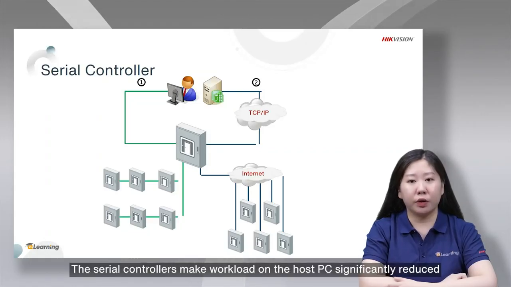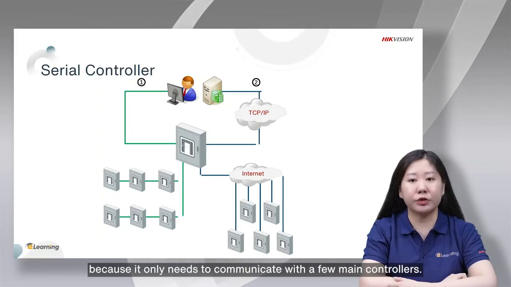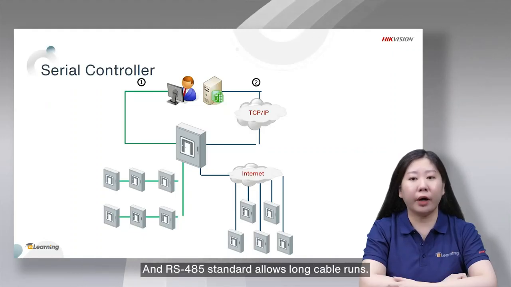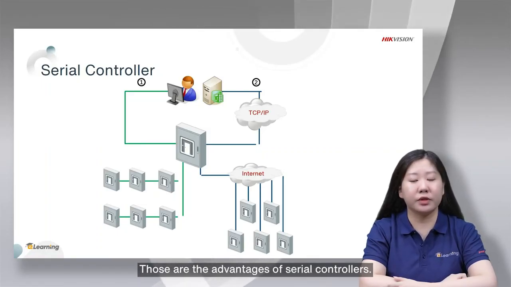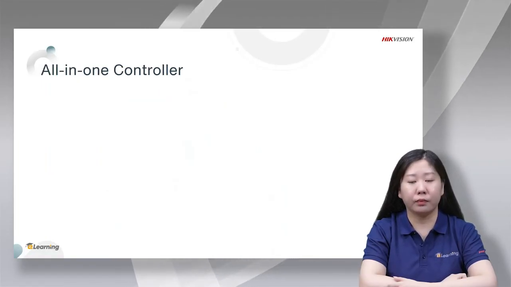The serial controllers make workload on the host PC significantly reduced because it only needs to communicate with a few main controllers. And RS-485 standard allows long cable runs. Those are the advantages of serial controllers.